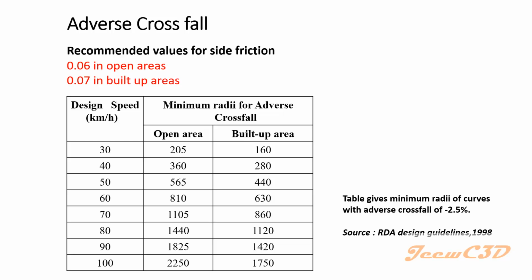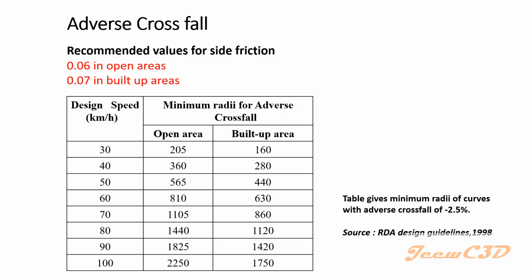Your super elevation would be replaced by the normal crossfall. So there won't be any super elevation. We will be learning it more clearly when we are learning about the super elevation section. But for the moment, you have to understand that if your curve radius is greater than the adverse crossfall radius, you have to use normal crossfall for the road.